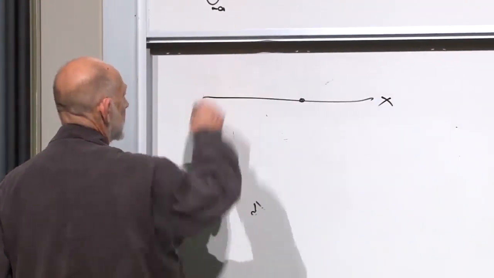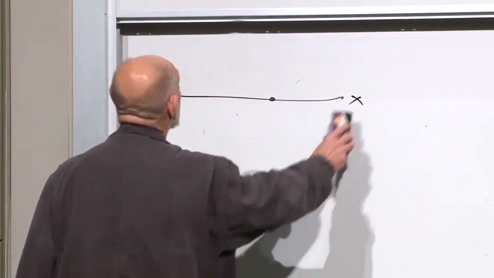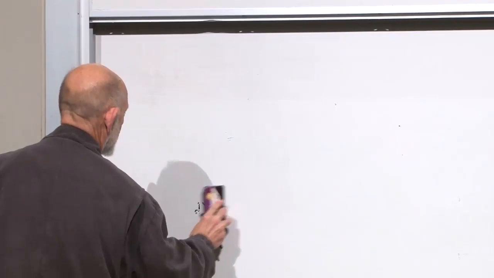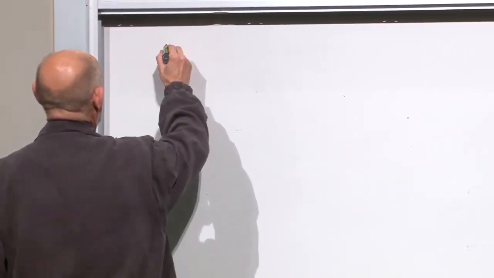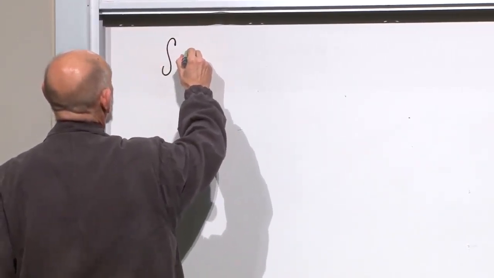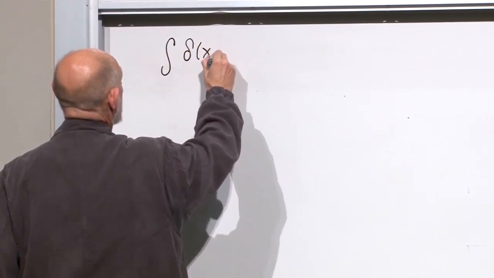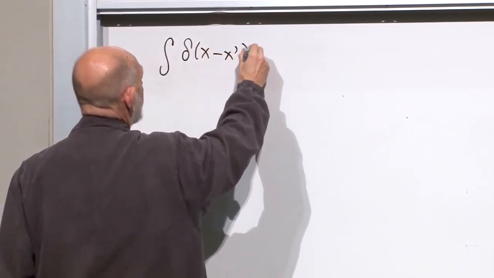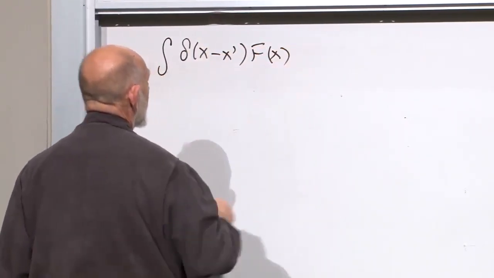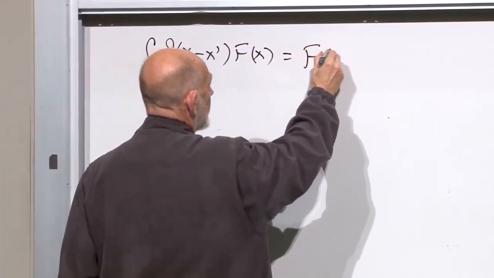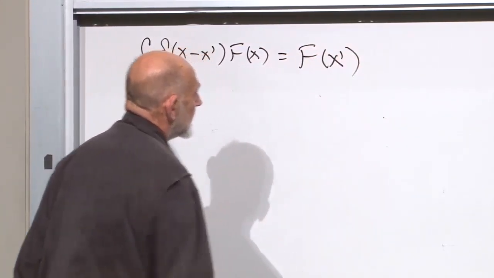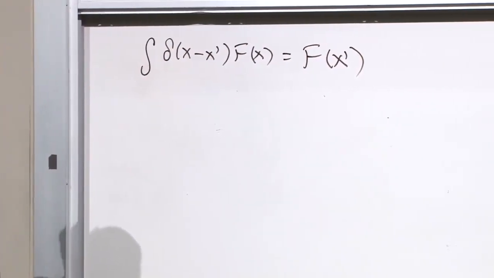And the last property, which follows from these two, is that the integral of delta of x minus x prime, f of x, is equal to f of x prime. Now, you can see it in two ways.